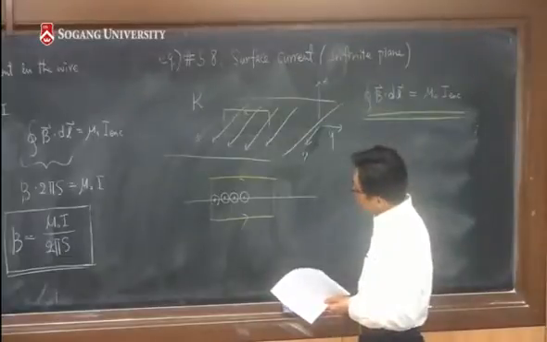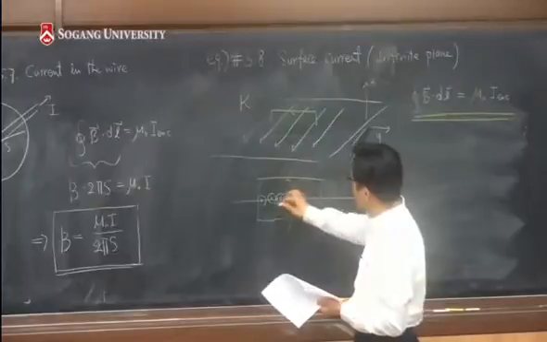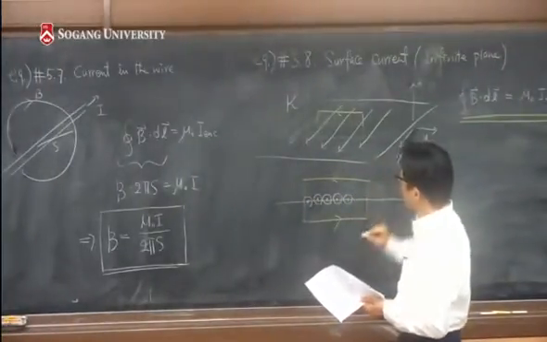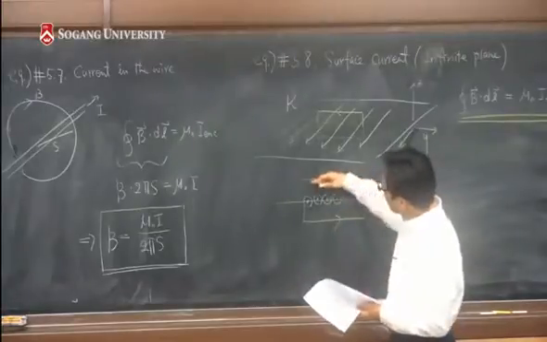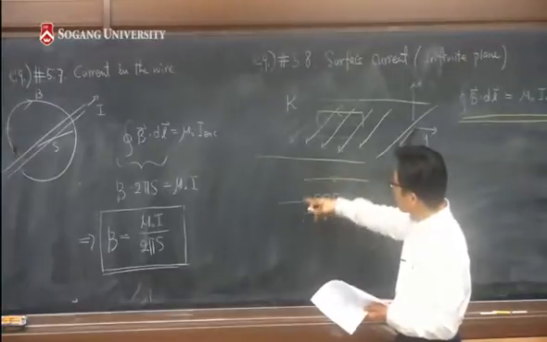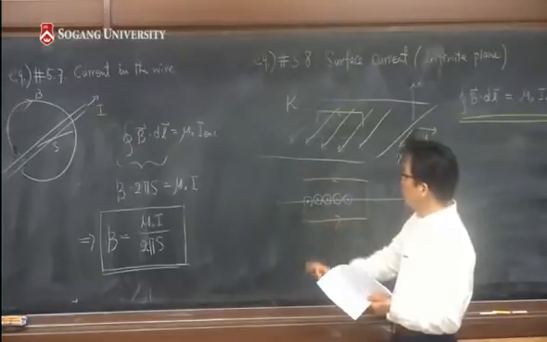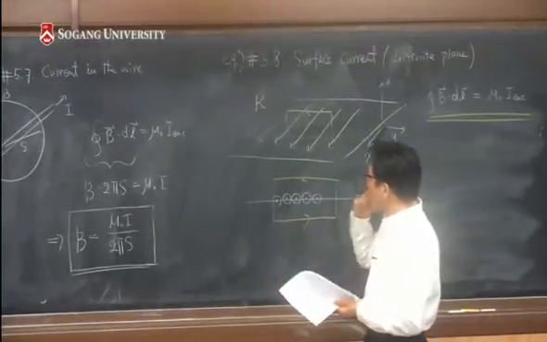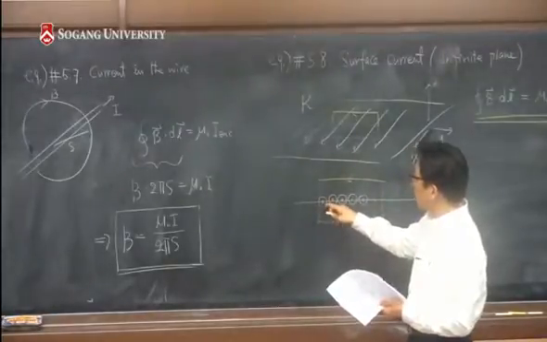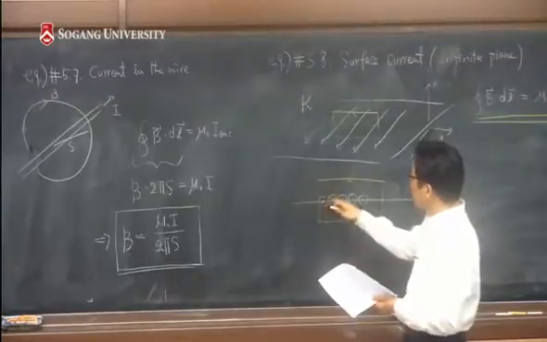Then you can say the effect of the magnetic field from this current density will be uniform along the line of the surface, while the component of the magnetic field perpendicular to the plane will be 0, because it will be cancelled by the influence of the current, which is symmetric on the left-hand side and right-hand side.